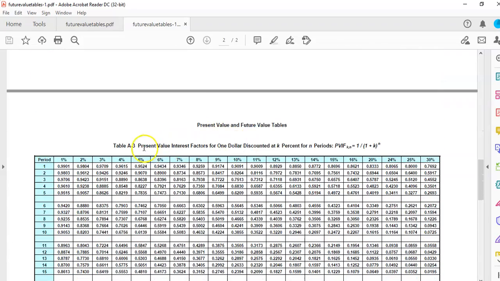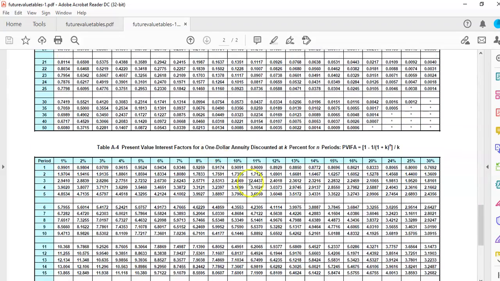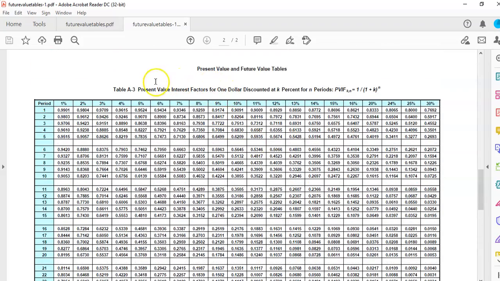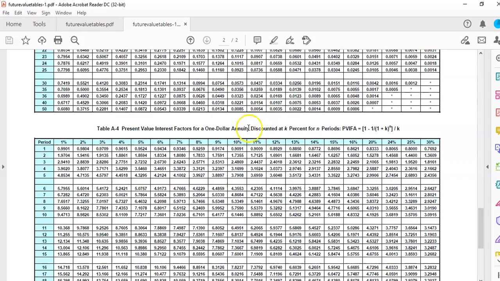What we want is the present value of an annuity. This one is the present value of $1, and we want the present value of an annuity. So remember, the annuity is when we're getting regular payments. We're getting a yearly payment, so we want the annuity.